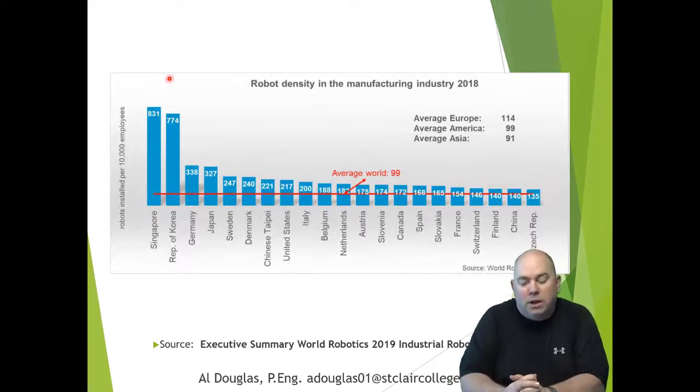Now what's interesting here is people always relate automation to jobs. They think if you're automating things, putting in robots, you're taking away people's jobs. If you look at the unemployment numbers of these countries as well, all these countries over here have extremely low unemployment numbers. Singapore is about, I think, 2.1% unemployment. I had that on another graph. I should put that in here. Korea also has extremely low unemployment.